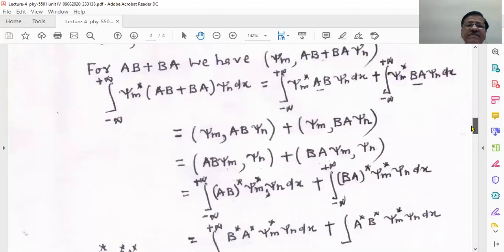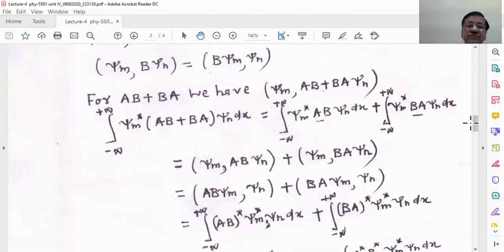So this notation I write by the bracket notation. It is a scalar product of psi m with AB psi n, and this integration is written as psi m with BA psi n.